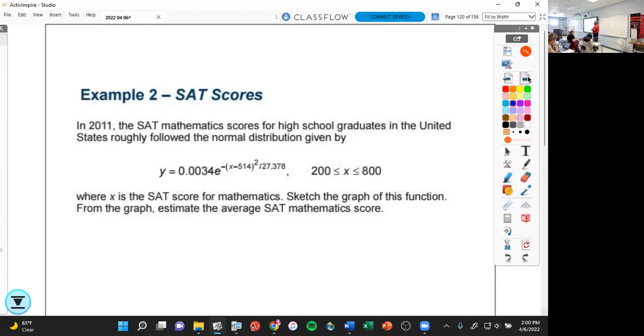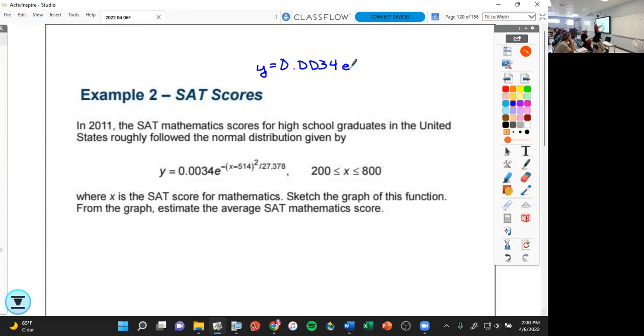So in 2011, the SAT math scores for high school graduates in the United States roughly followed the normally distributed distribution given by this equation. I'm going to write it out again because it's kind of hard to see. Y equals 0.0034. What does that represent? Something to kind of think about. It kind of represents your starting value, if you will, on the y-axis.